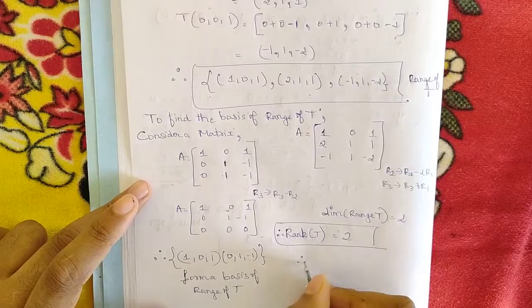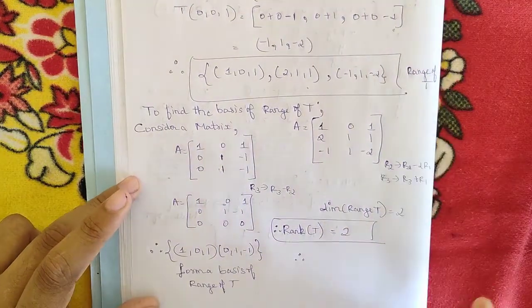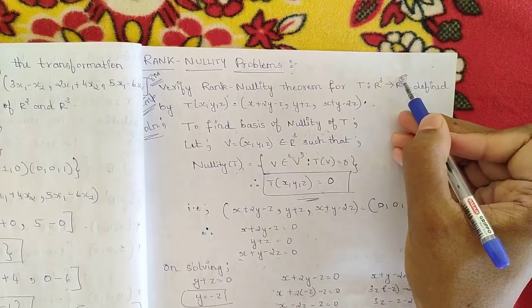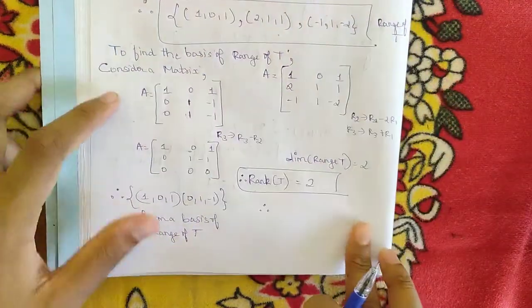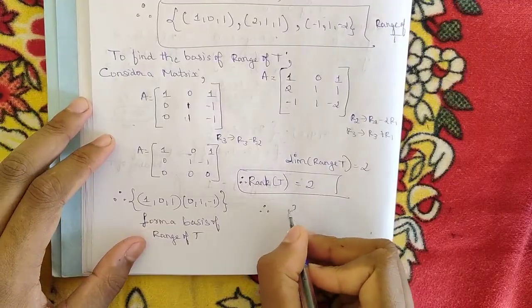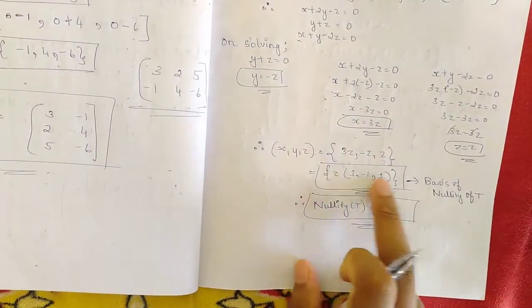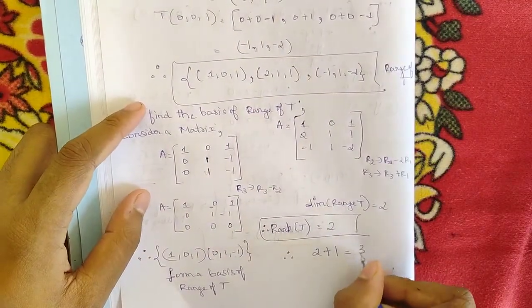Now finally, in order to verify the rank nullity theorem, dimension, they have mentioned it in the question, R cube, right? So we should be getting 3 in order for the rank nullity theorem to be verified. So rank of T is 2 and nullity of T we got as 1. So 2 plus 1 is equal to 3.